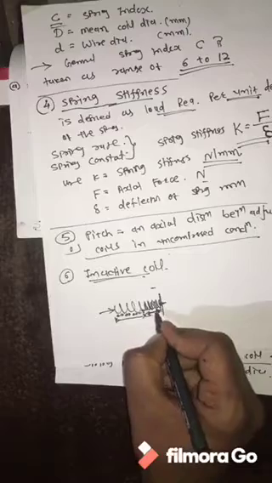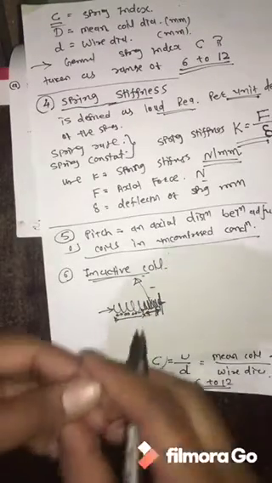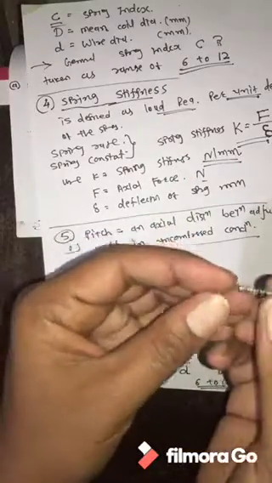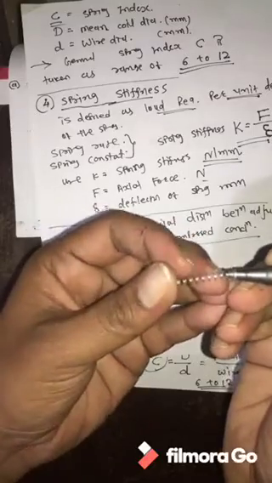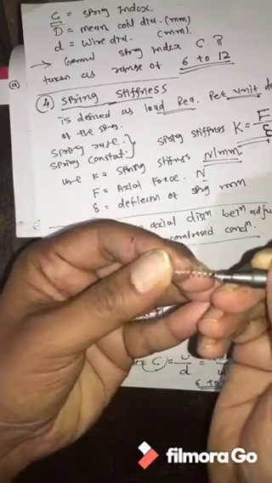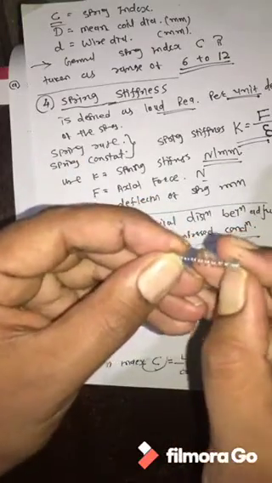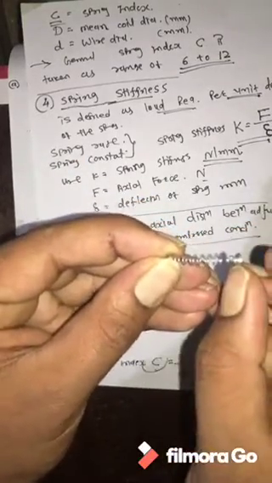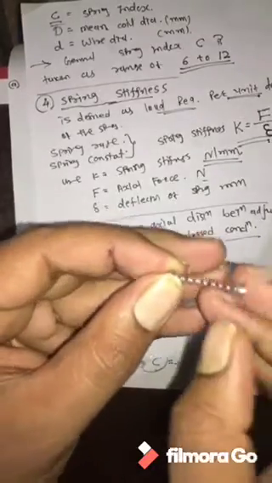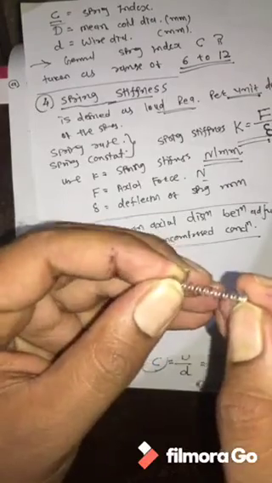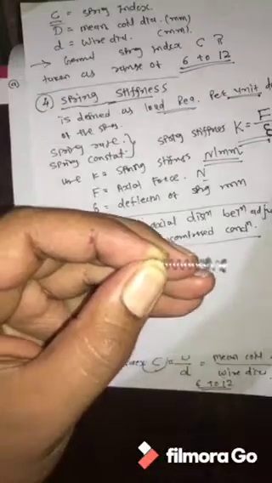So this type of coil is called an inactive coil. Suppose we apply the force, and here is the seat. The coil is compressed in this portion, and these coils touch each other, so they do not contribute to the spring action. So this coil is called an inactive coil.